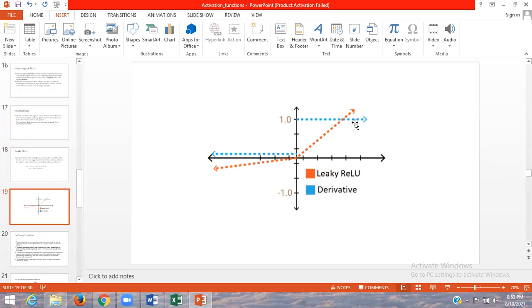Derivative means we are calculating the gradient, and for negative values, you can see here the orange line. For negative values, there are some weights which are assigned by the neurons. So this was overcoming the dying ReLU problem. This small value is called the leak. Therefore, it is called leaky ReLU.